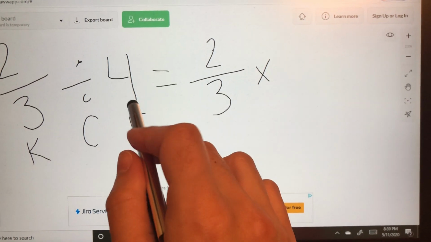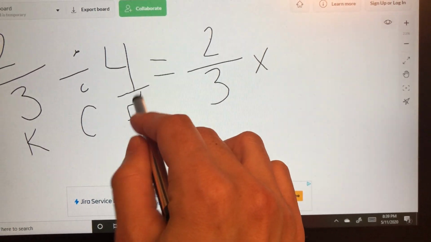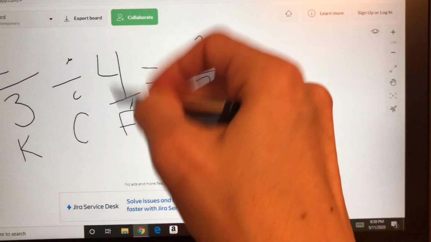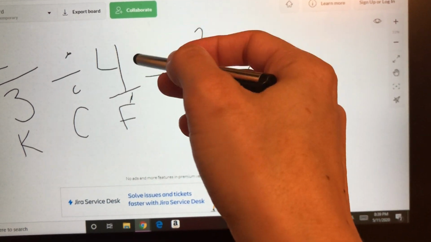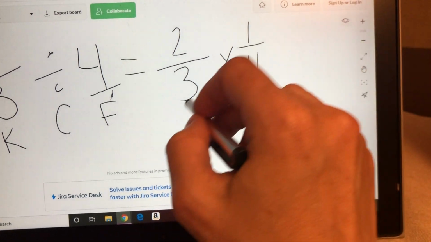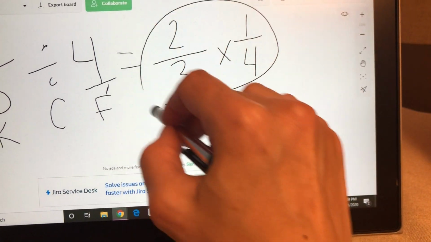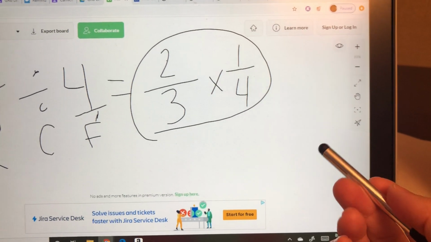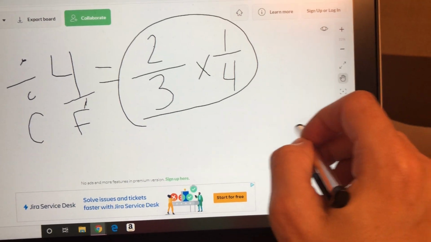Remember that all whole numbers have an imaginary 1 underneath them. So when I flip this, the 1 goes on top and the 4 goes in your denominator. So 1/4.